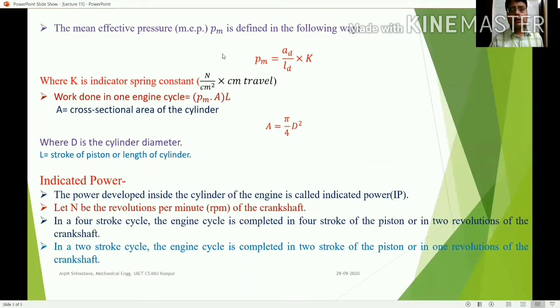PM, which is defined as the mean effective pressure, is defined in the following way: PM equals AD upon LD multiplied by K, where K is the indicating spring constant, whose unit is Newton per centimeter square multiplied by centimeter.